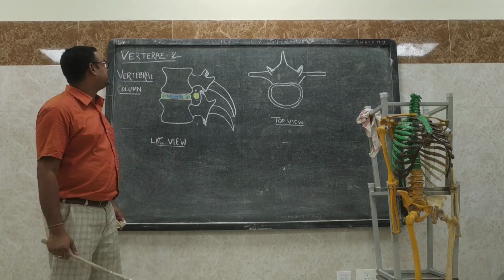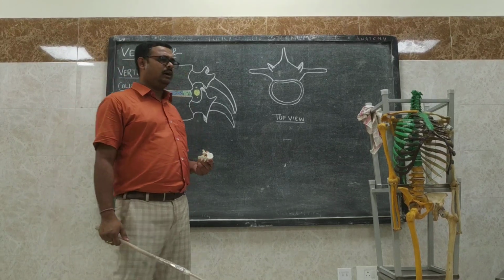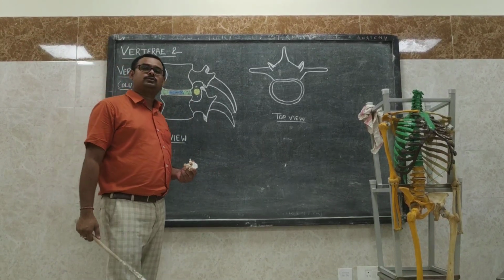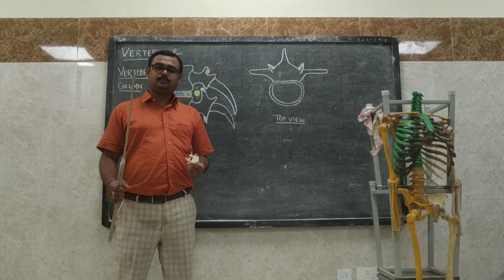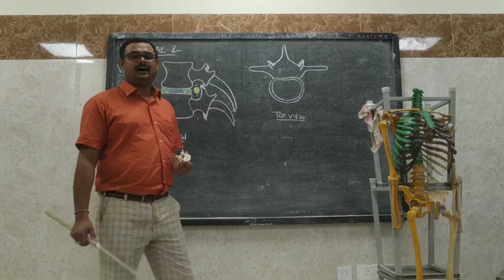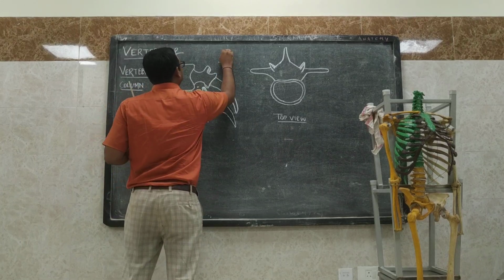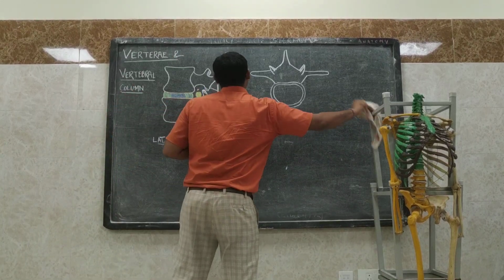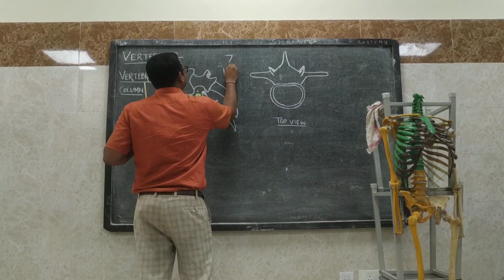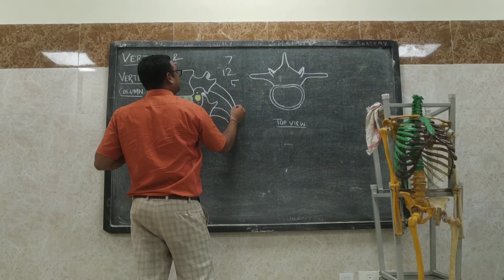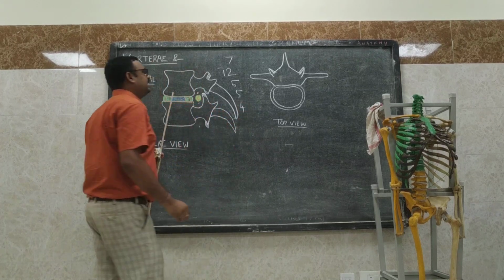So today I am going to present you a class on vertebral column and vertebra. Now you all know in your class 12 examination that the number of vertebrae present in our body are 33, out of which cervicals are 7, 12 thoracic, 5 lumbar, 5 sacral, and 4 coccygeal vertebrae.